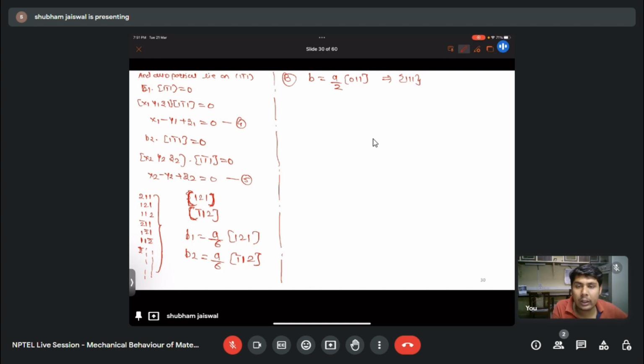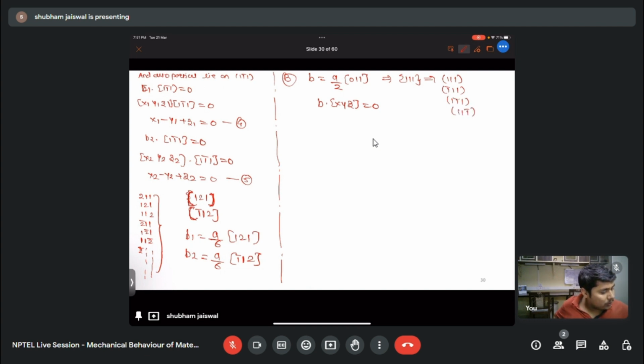What is the criteria? B dot xyz equal to 0. Here we have 4 planes of the 111 type: 1 1 1, 1 bar 1 1, 1 1 bar 1, and 1 1 1 bar.